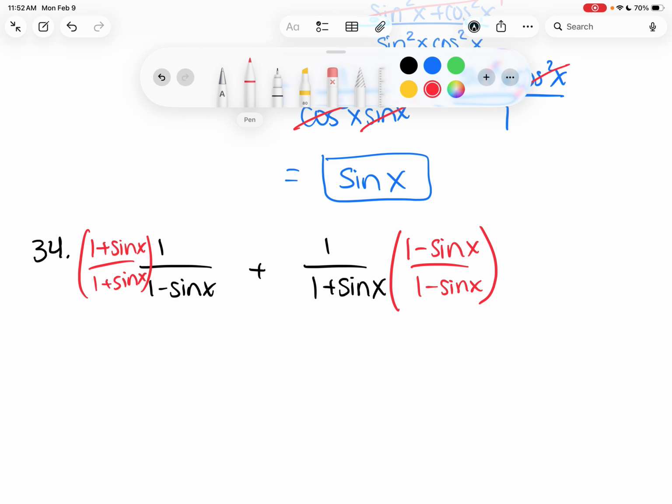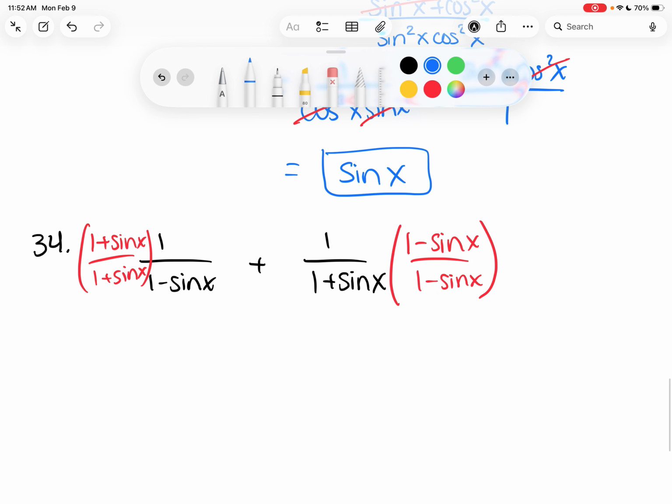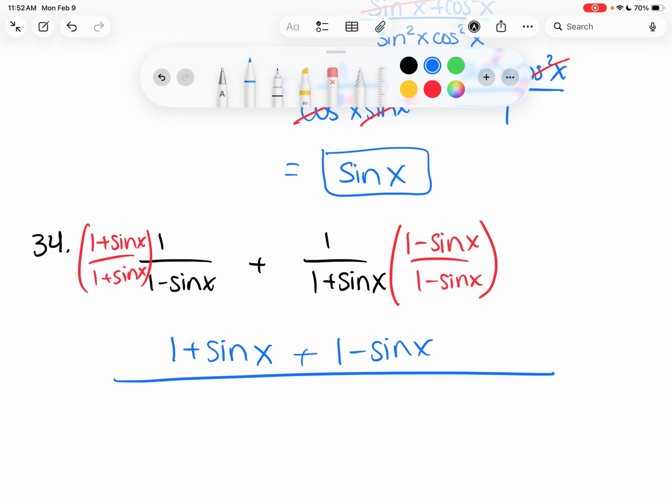All right, so on top, I have 1 plus sine of x, and I'm going to write this all as one unit, plus 1 minus sine of x, all over. On the bottom, I know I'm going to have a common denominator, that's why I'm writing this as one big fraction. This is a difference of squares.